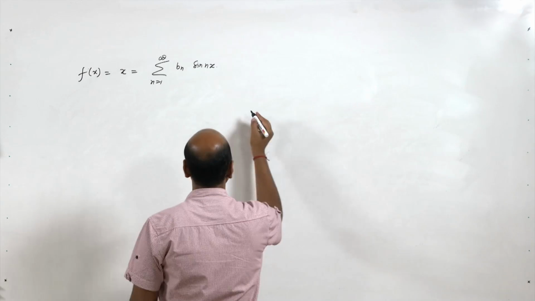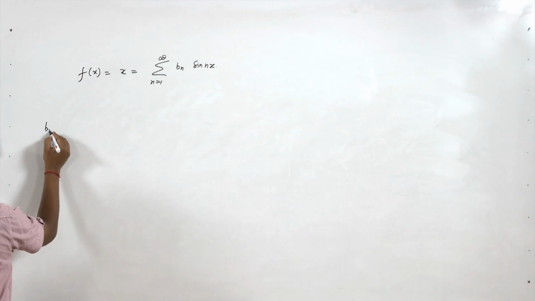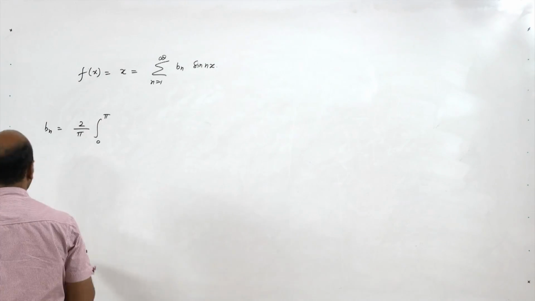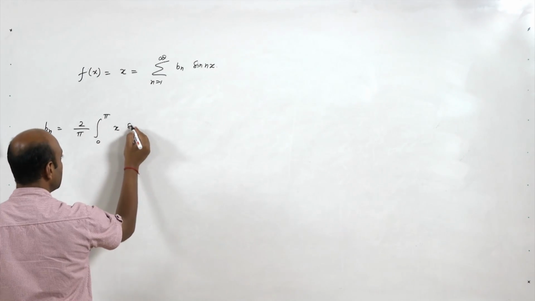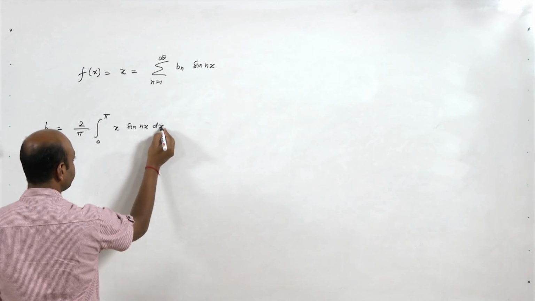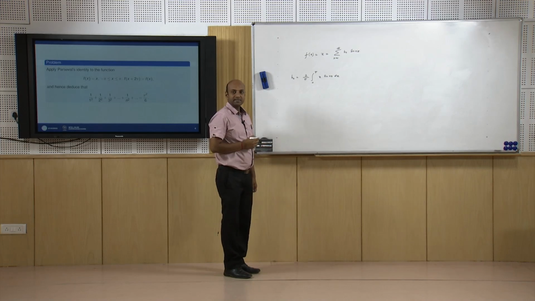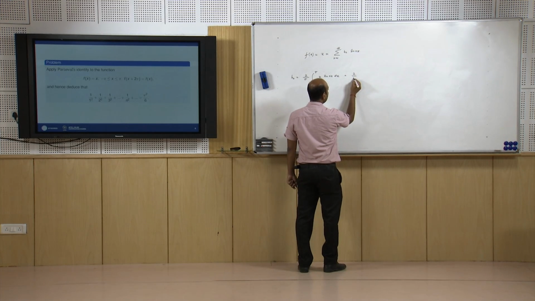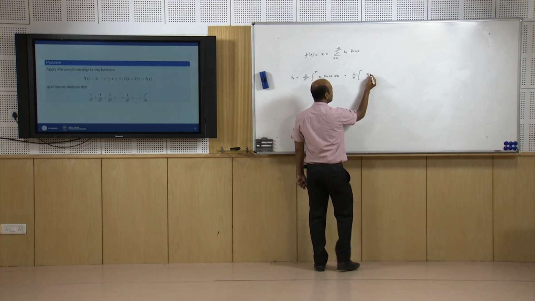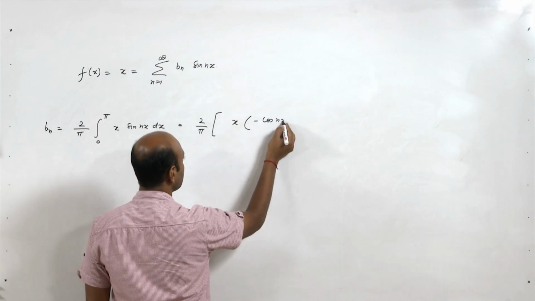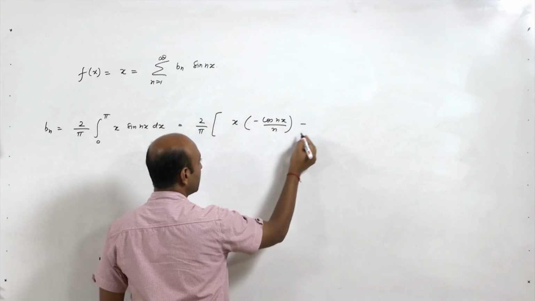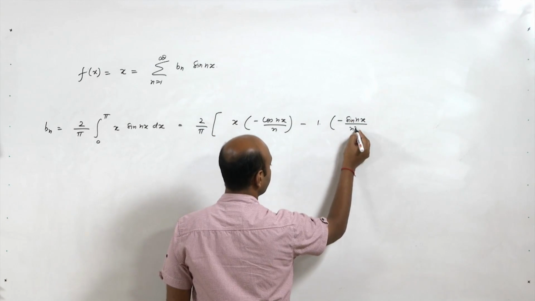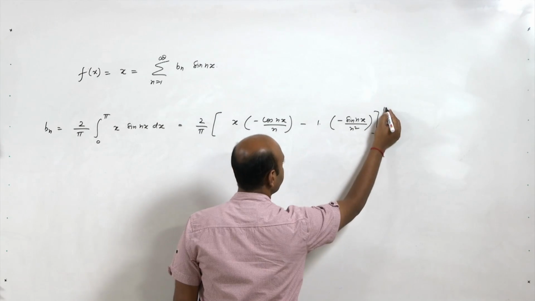So, what will be b n? b n will be given by 2 upon pi times the integral from 0 to pi of x sin(n x) dx, that is, f(x) sin(n pi x by L) dx. Now, you integrate this: it is 2 upon pi, first as it is, integration of second, which is minus cos(n x) upon n, minus derivative of first into integration of second, from 0 to pi.